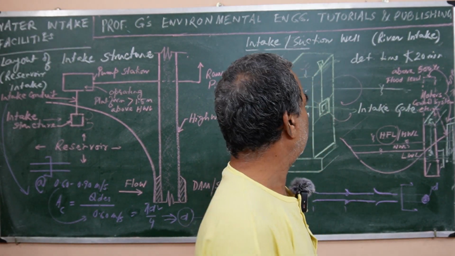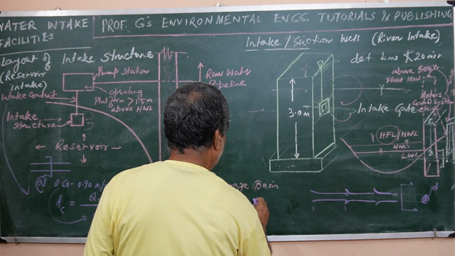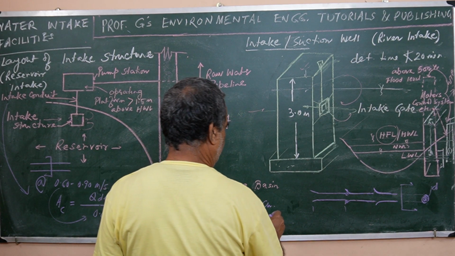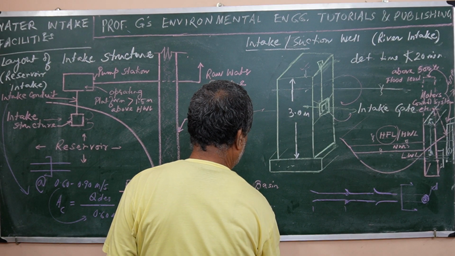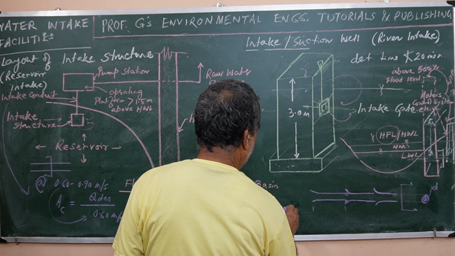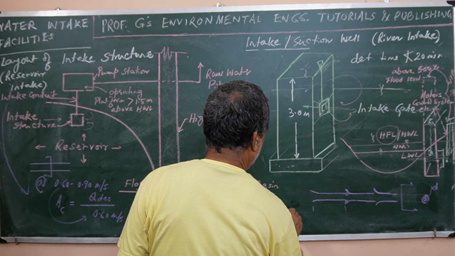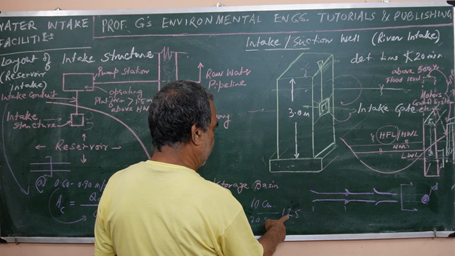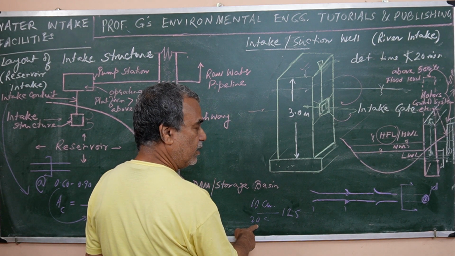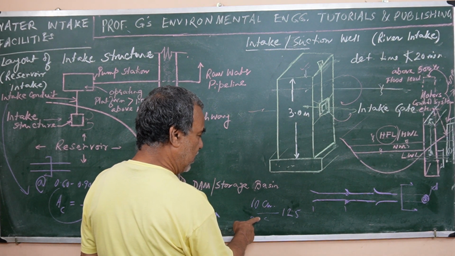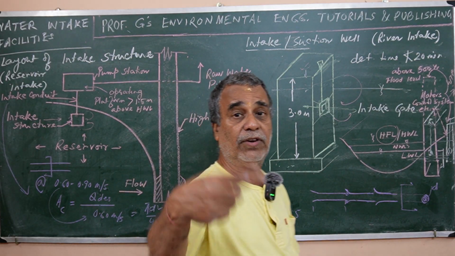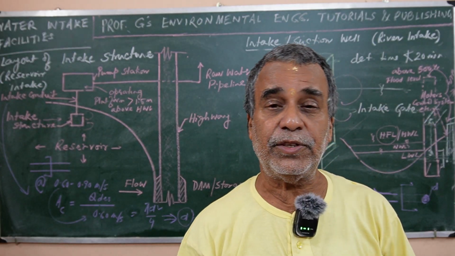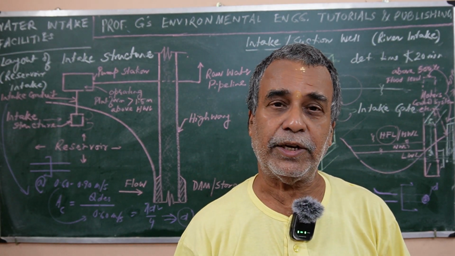Suppose you see that you have got 10 centimeter diameter available, say 20, like that. You have got a figure, say 12.5. Then in that case you have to select the higher one which is available, right? So the nearest higher one which will be available in the market.